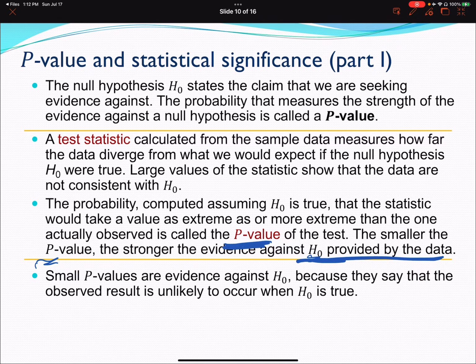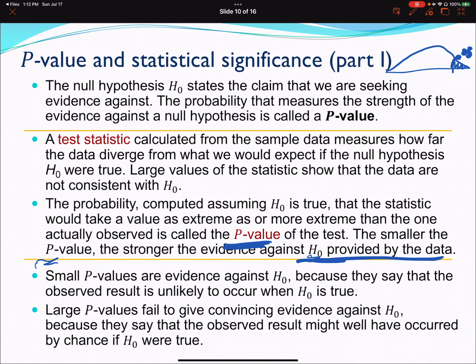So small p-values are evidence against H naught, right? Because they say that the observed result is unlikely to occur. If I have a small p-value, if I got an outlier, and the area over here is 0.05, that's a 5% likelihood it occurred by chance, that's when we would reject our null hypothesis.